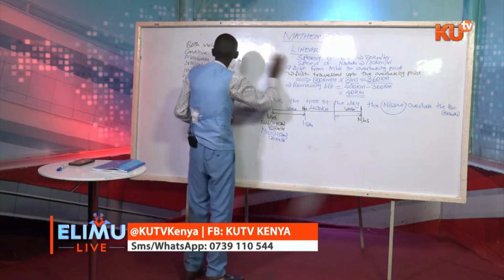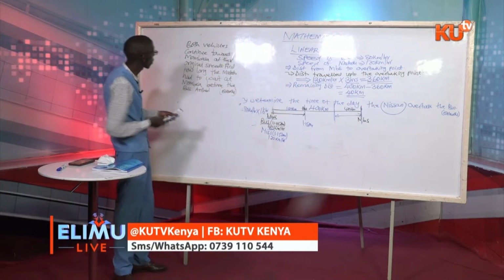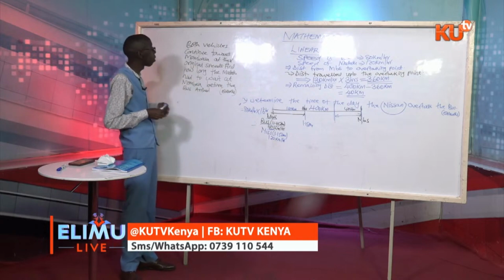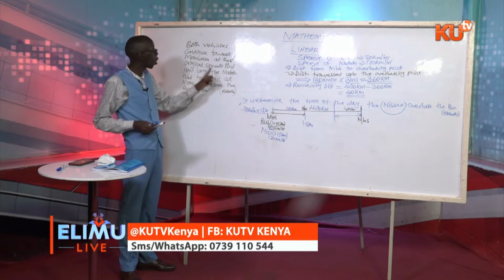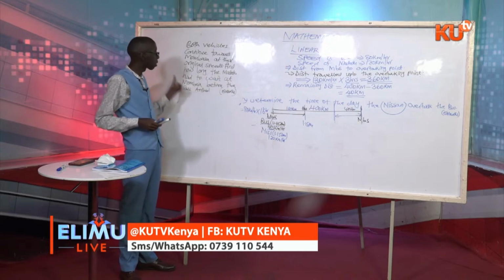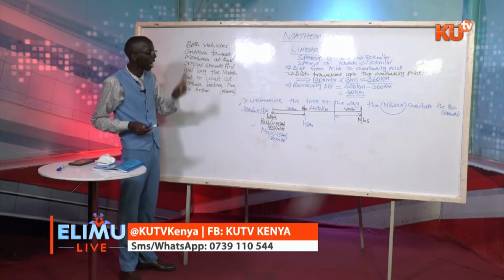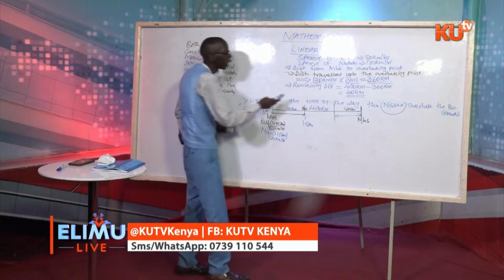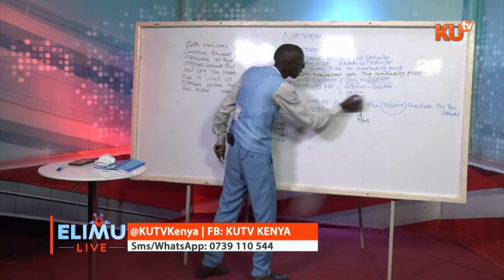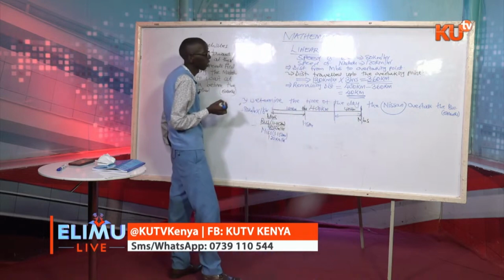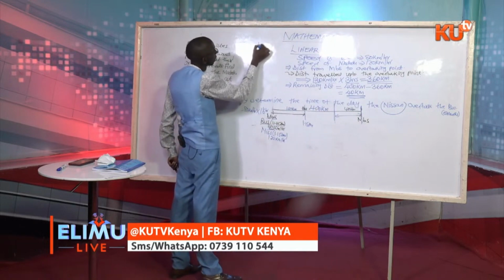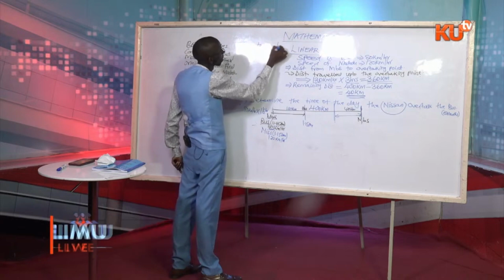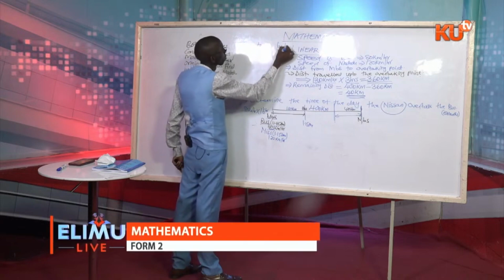The question is, both vehicles continue towards Mombasa at their original speeds. Find how long the matatu had to wait at Mombasa before the bus arrived. We have already known that the remaining distance is 40 kilometers. So what is the time taken by the bus to arrive to Mombasa?